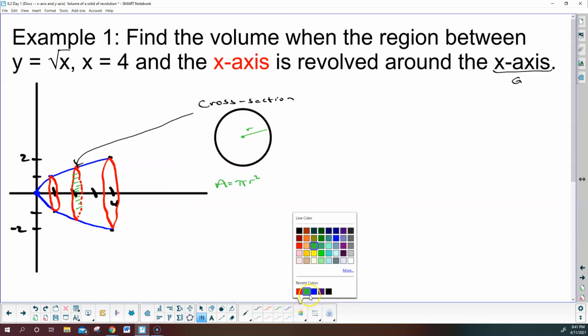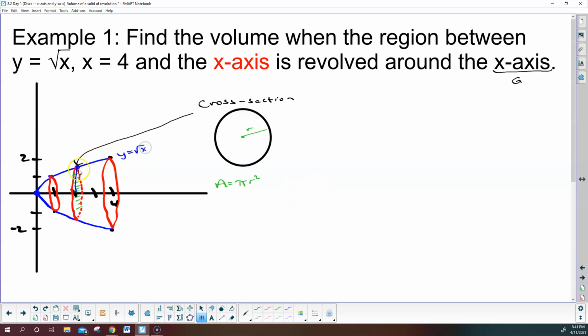So now the question is how long is this radius from the x-axis straight up? Now notice, this is an arbitrary point, so I don't really know. What we want to do, though, is say the length is actually the same as the y value of the equation. So this function is y equals the square root of x. And any point on this curve, its vertical distance is the square root of x.